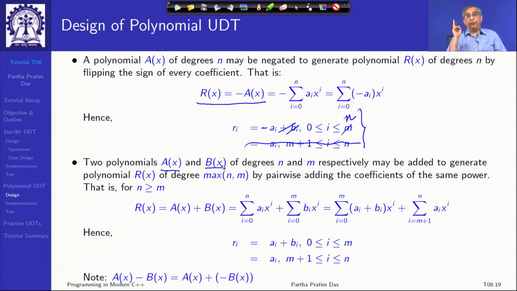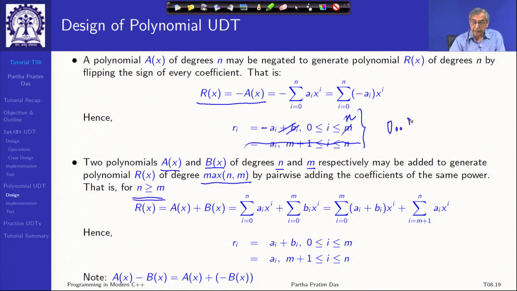Also, if I have two polynomials, I can add them. Now, two polynomials have degree n and m. Since they have degree n and m, it is possible that they are unequal. So, the resulting polynomial naturally will have a degree which is the larger of these two, which is max of n, m. So, let us say n is greater, m is less.